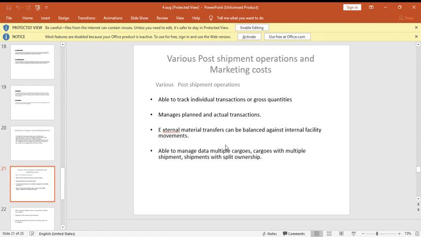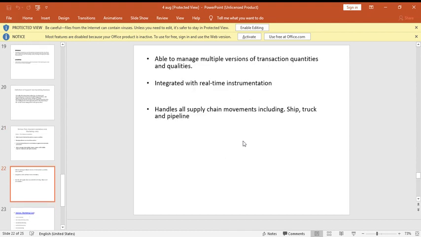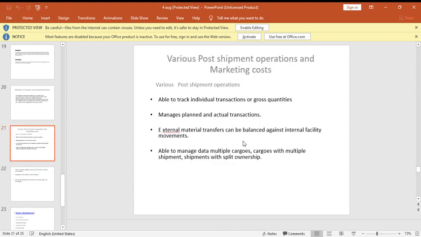And what are the various post shipment operations and the various marketing costs? In this, we are able to track individual transactions or cross qualities, manage planned and actual transactions, and external material transfers can be balanced against the internal facility movements.